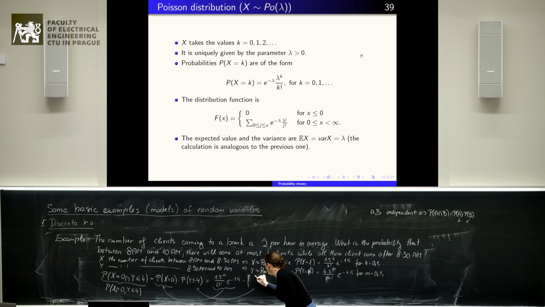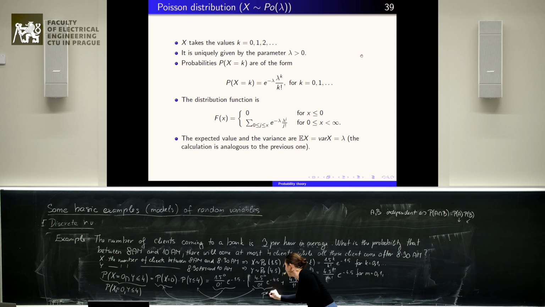So 4.5 powered by 0 over 0 factorial times e powered by minus 4.5, plus 4.5 powered by 1 over 1 factorial times e powered by minus 4.5.